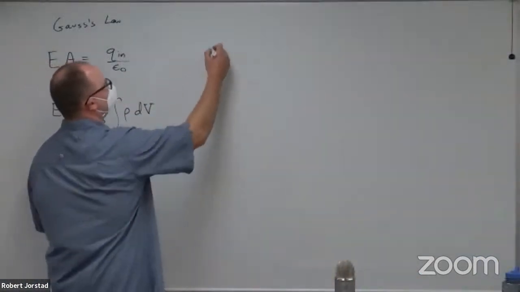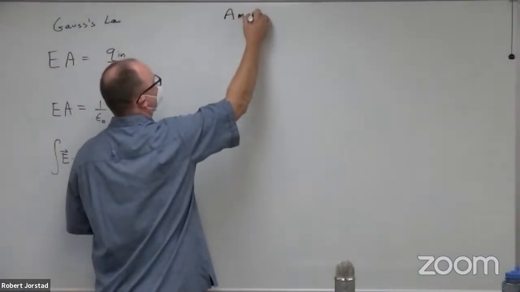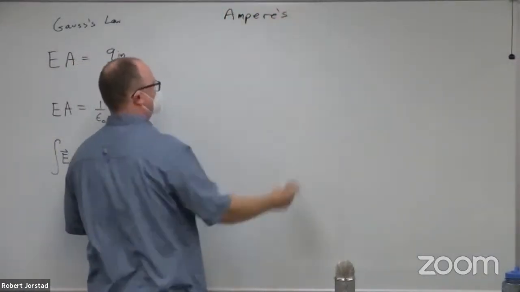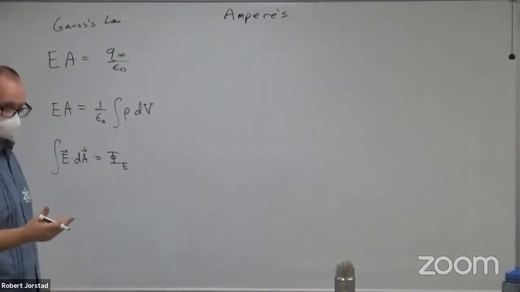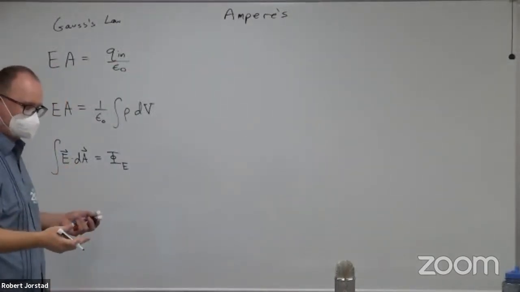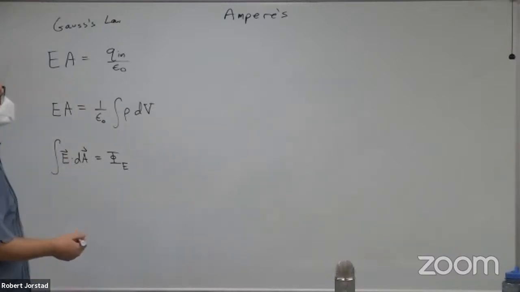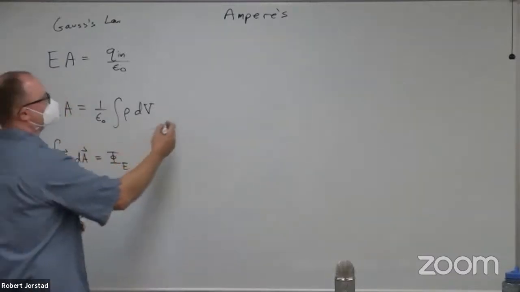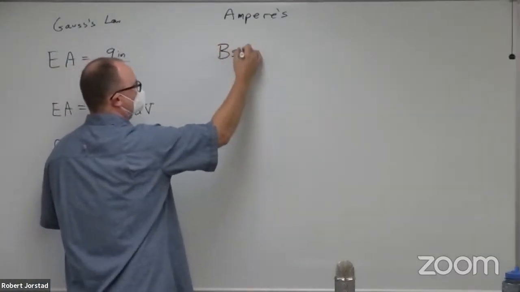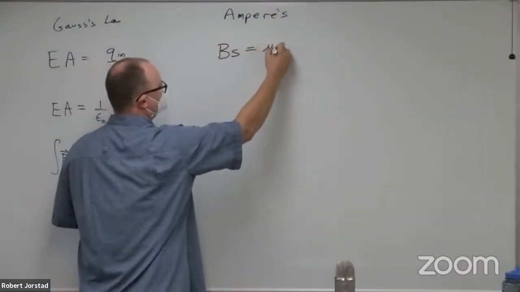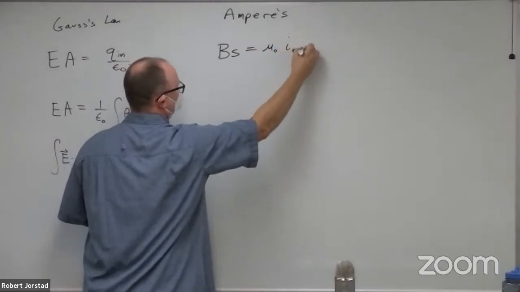Well, there's going to be a new thing called Ampere's law. That's what we're going to talk about next Wednesday. This is still in chapter 29. So then you can worry about the homework for this class after the next test. But Ampere's law is similar, but not exactly the same. It's the integral of B dot dS equals mu naught I enclosed.